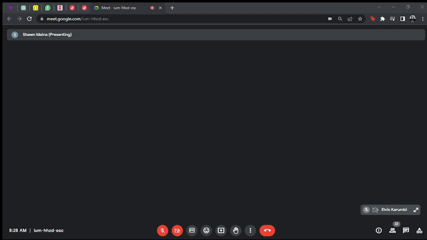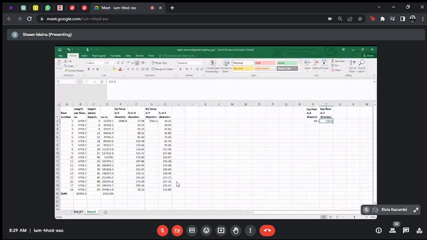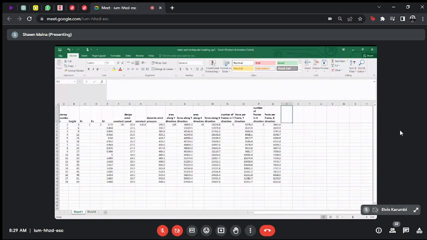Yeah, so this is our Excel sheet. We have both sheets in the same document. This is our wind loading. My group and I were trying to also automate these.